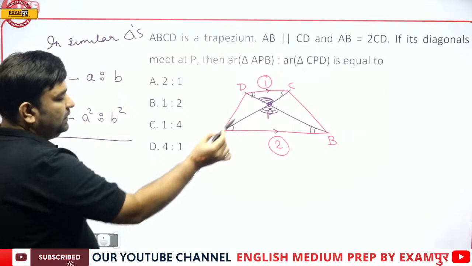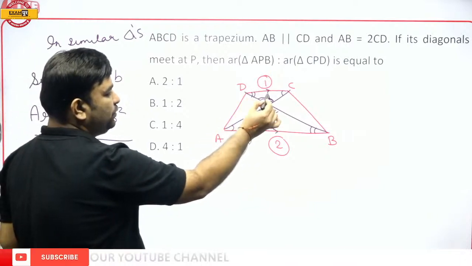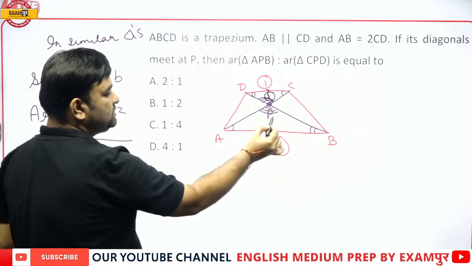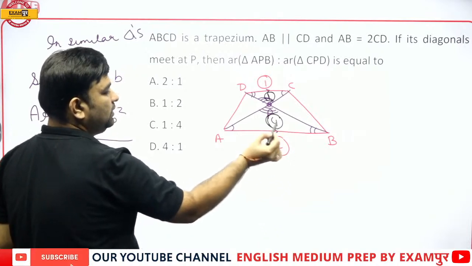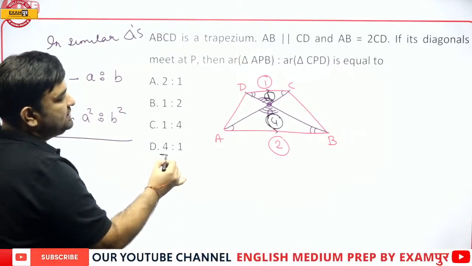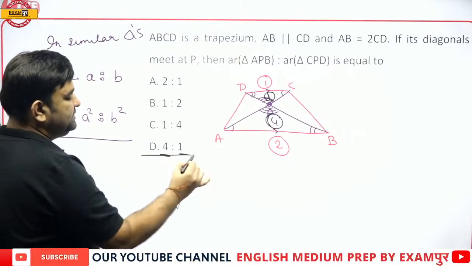So here the side is 1, so area is 1 squared, that is 1. And here the side is 2, so area is 2 squared, that is 4. So APB area is 4 and CPD area is 1.